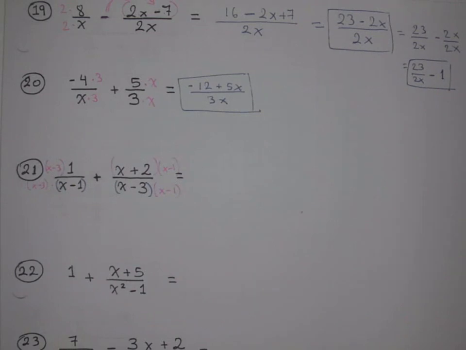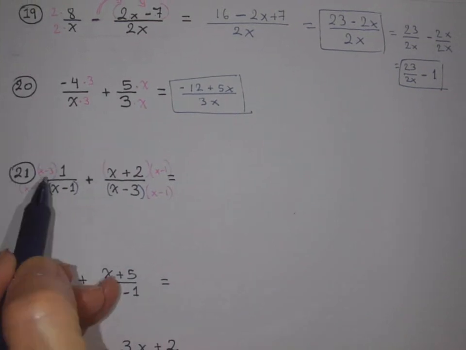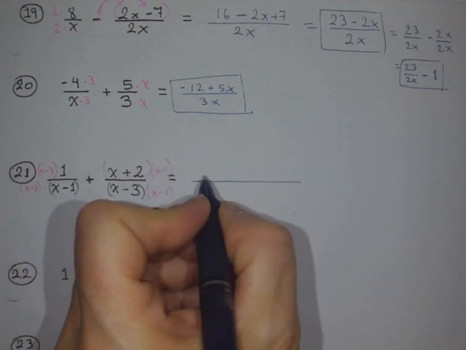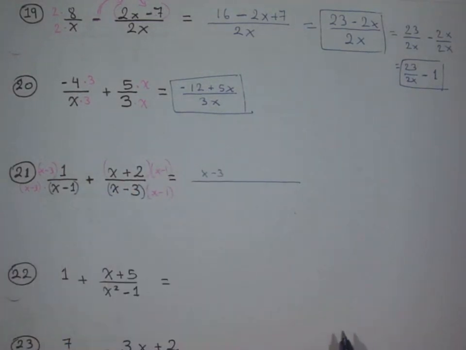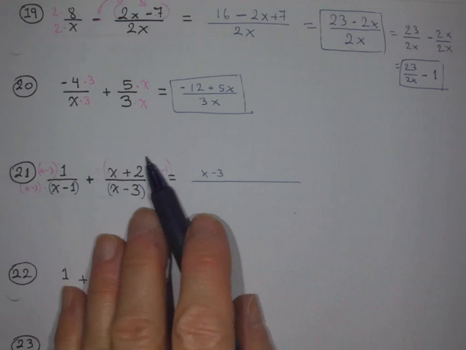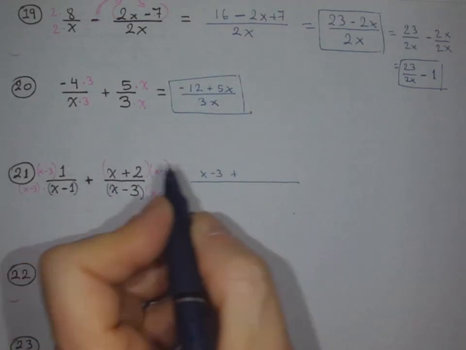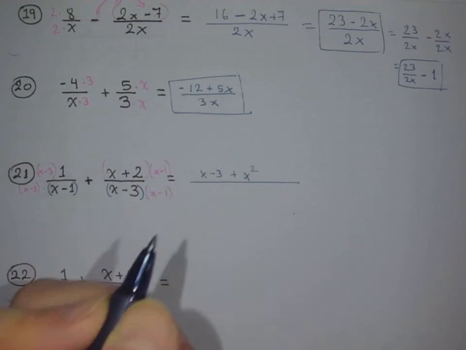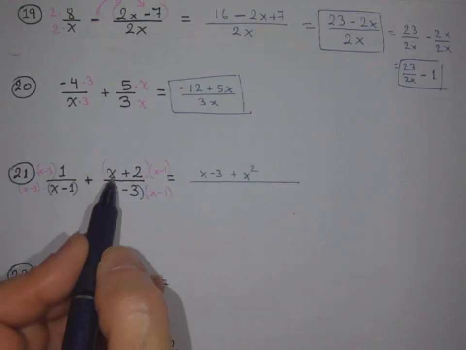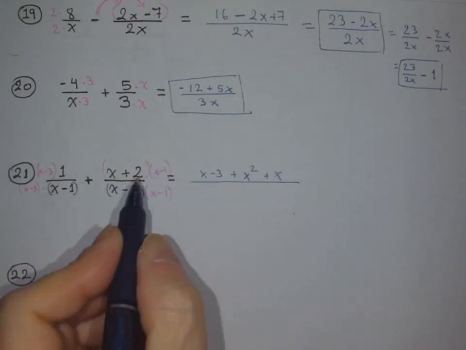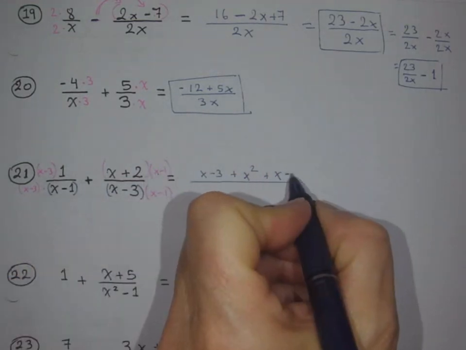Alright, that's going to give us a little bit of work to do here. So we have 1 times x minus 3 is going to be x minus 3. And then here I have to FOIL that, right? So x times x is x squared, so plus, it's a plus between them, right? So plus x squared. Negative x plus 2x will be plus x. And then 2 times negative 1 will be negative 2.